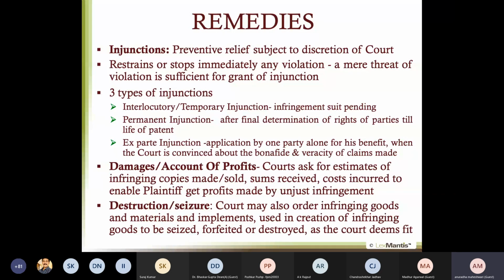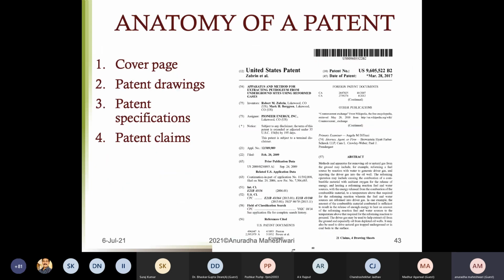The court asked the defendants to pay damages to Shogun and accounts of profits, all sales that they made after selling products like Mortine and Maxo, etc. And they also have the right to destroy or seize infringing goods. So these are the remedies that are there for infringement of patents.